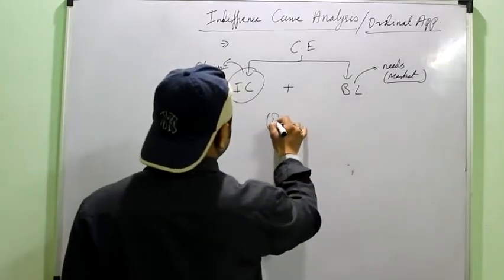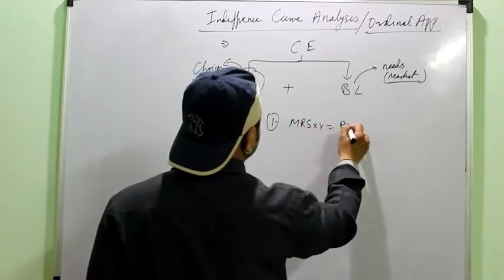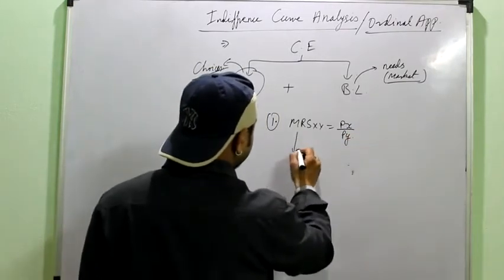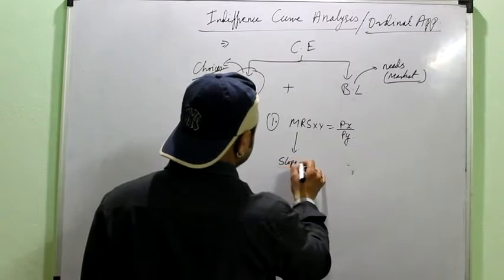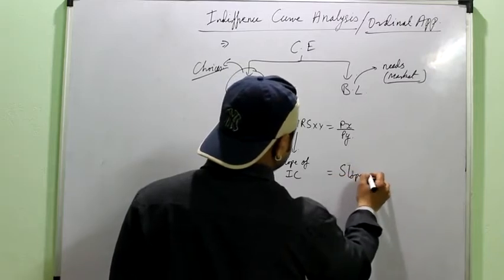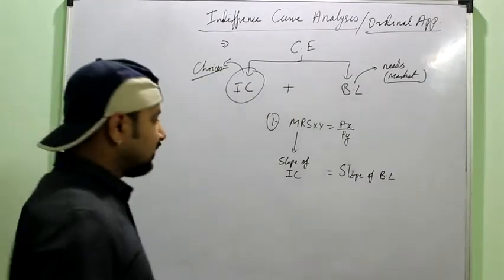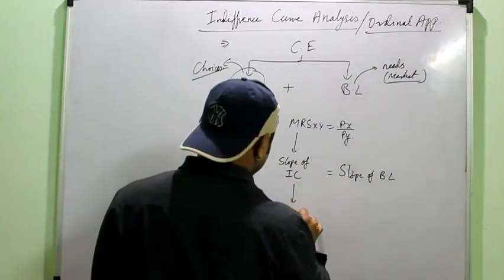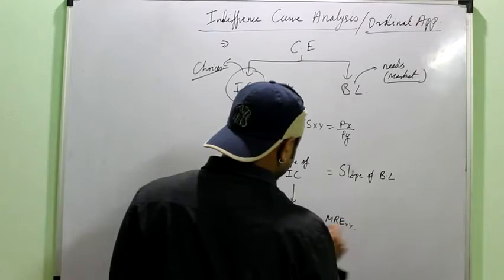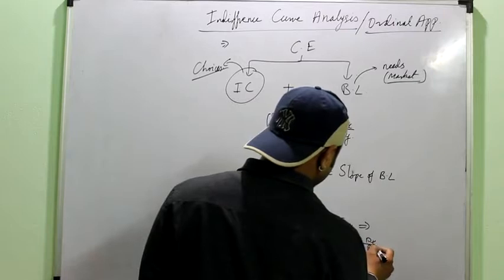The first condition of the equilibrium is MRS XY is equal to PX upon PY, or I can simply say that slope of IC is equal to slope of budget line, or MRS XY is equal to MRE XY, or it is simply, we know that MRE is the ratio of the prices, so PX upon PY.